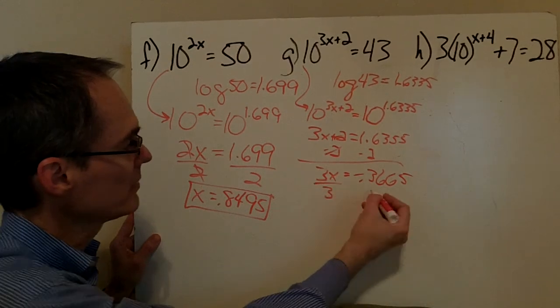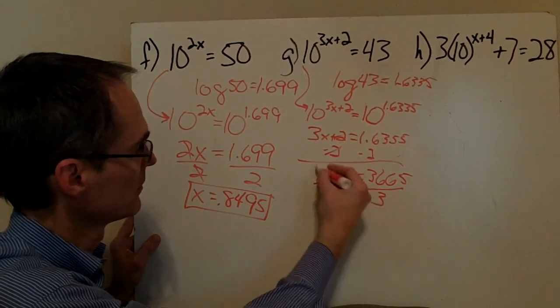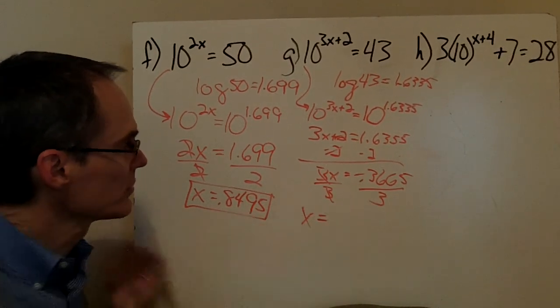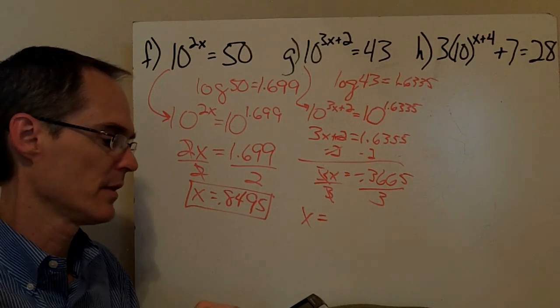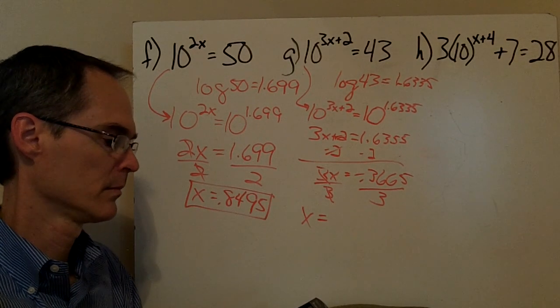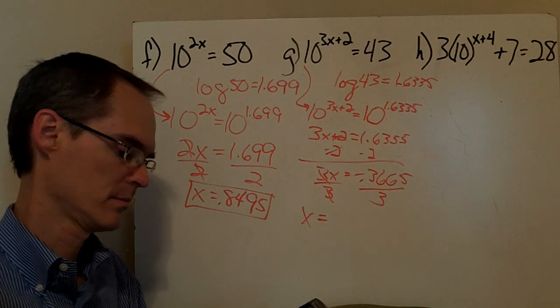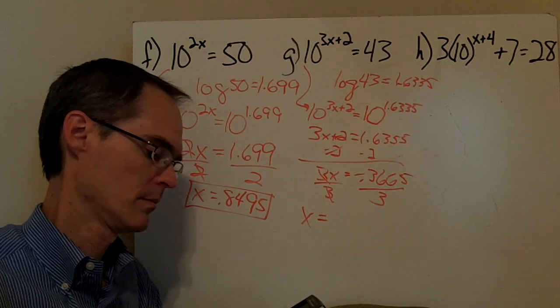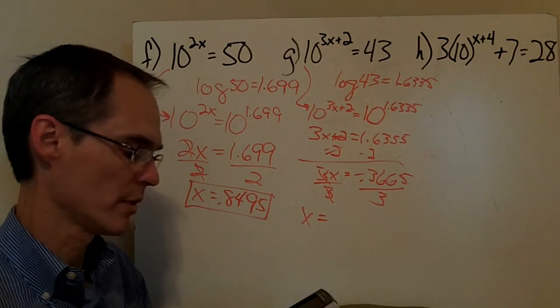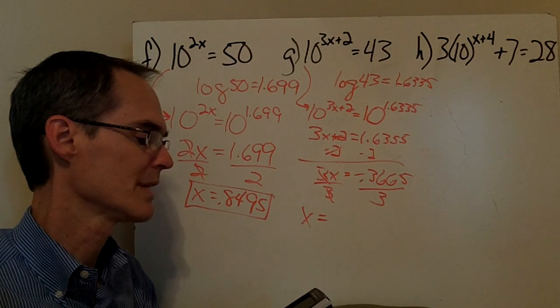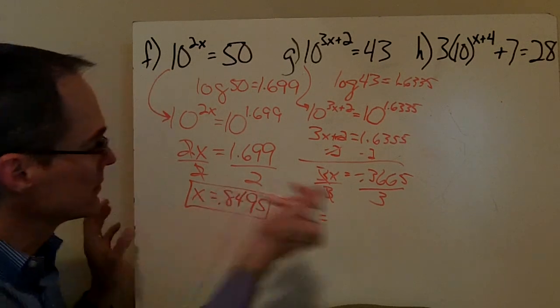Divide both sides by 3. And I get x equals negative 0.3665 divided by 3 equals negative 0.1222.